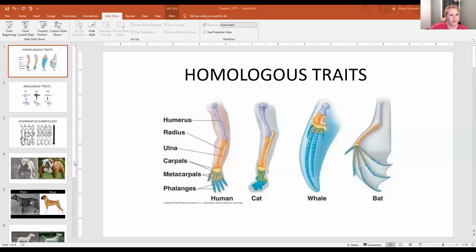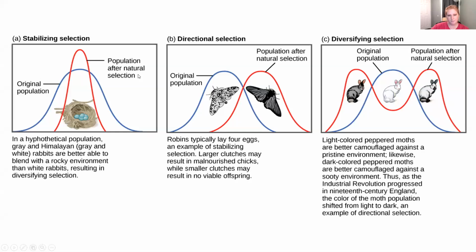All right. Let me go to my last points here. All right, so when it comes to natural selection, there's 3 different possibilities.